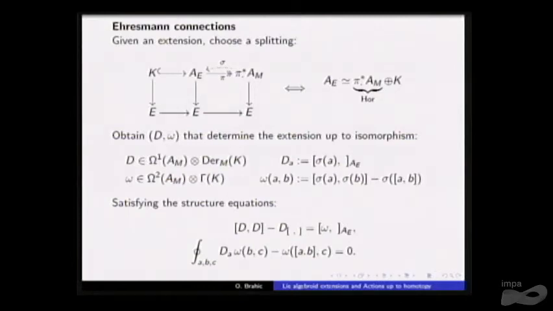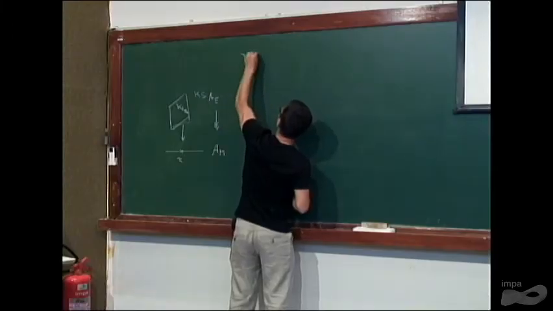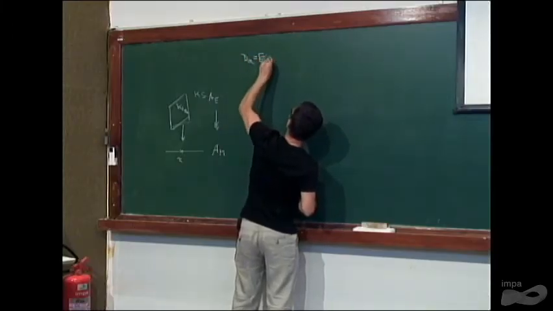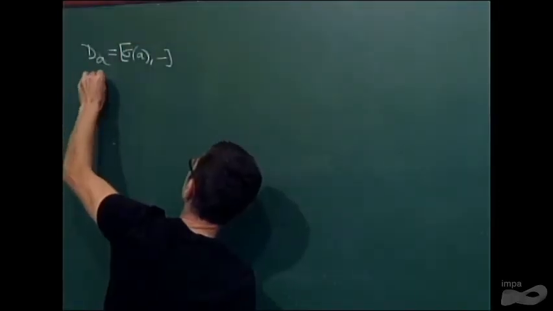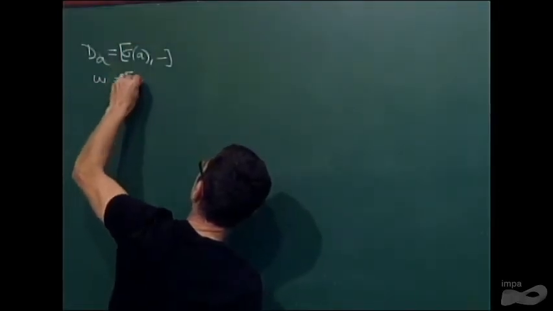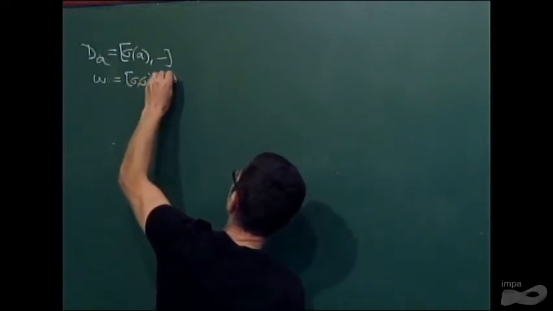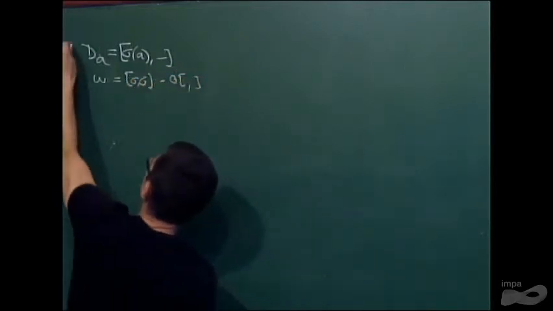The second equation is that if you take the cyclic sum of dA applied to omega of BC: omega of BC is a section of K, dA is a derivation of K, so this makes sense. Let me write them now. dA is sigma of A, and omega is, up to sign, sigma.